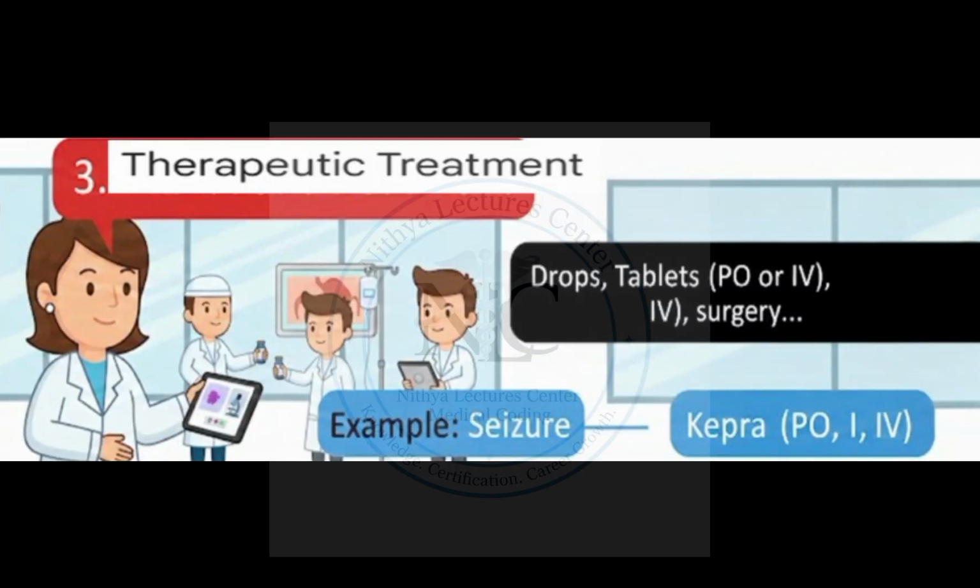For therapeutic treatment, the patient receives actual medical intervention for the condition, such as IV drops, tablets, or some kind of surgery. Let's see one example. If a patient has a seizure, receiving medications like Keppra is a therapeutic treatment for the seizure.